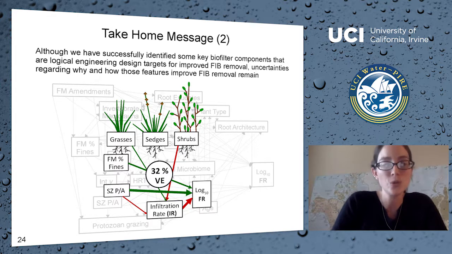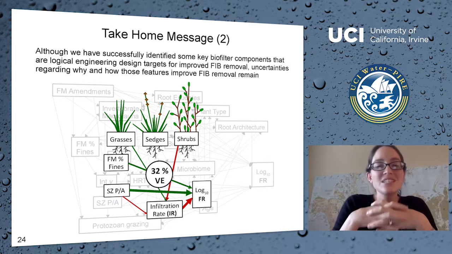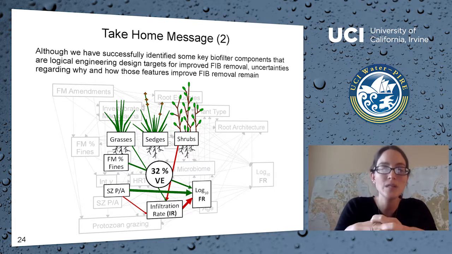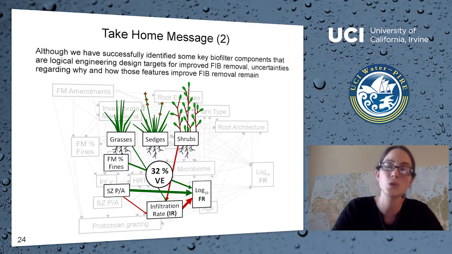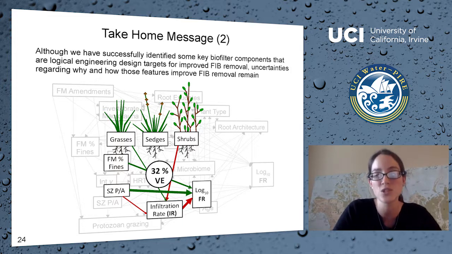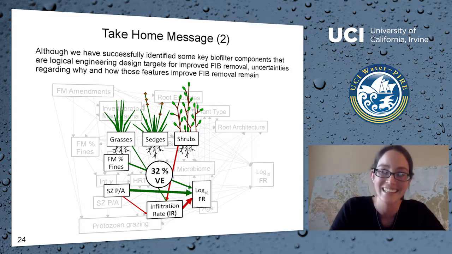So take-home message 2, moving on to slide 24, is that although we have successfully identified some key biofilter components that are logical engineering design targets for improved bacterial removal, uncertainties regarding why and how those features improve removal still remain.